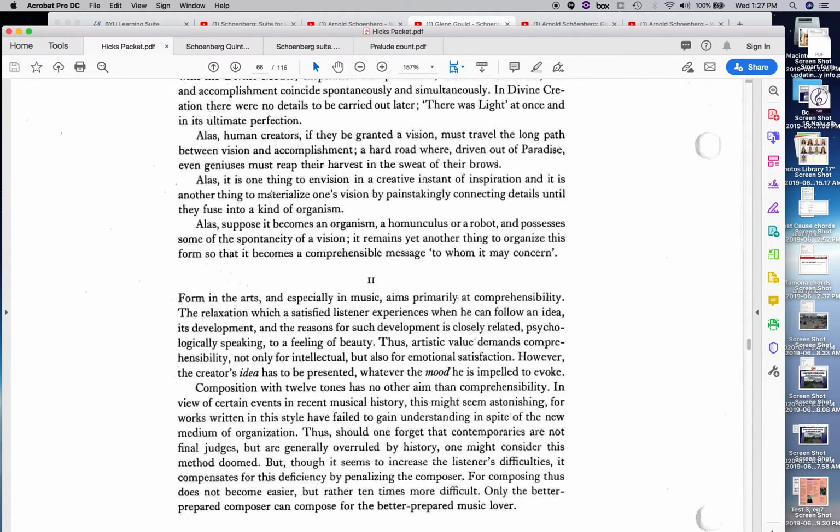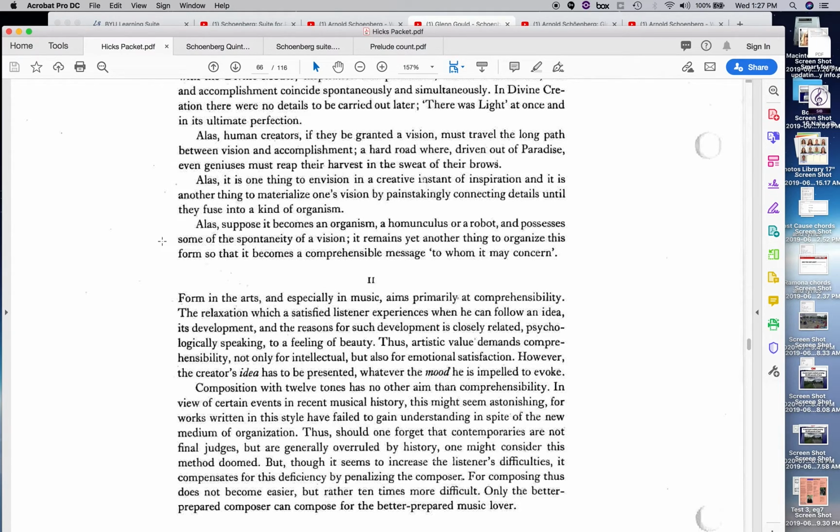That's really important. I may have talked about this before, but certainly the Austro-German tradition is that works of art are organisms themselves. And we could trace this back to a number of philosophical places. We don't have time for that right now, but the organic model of works of art.